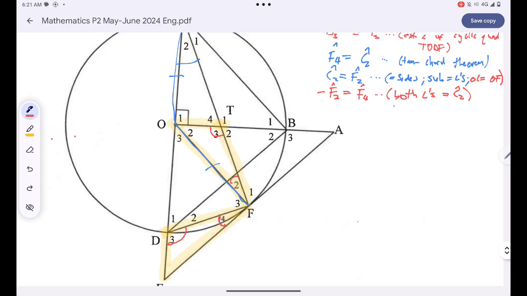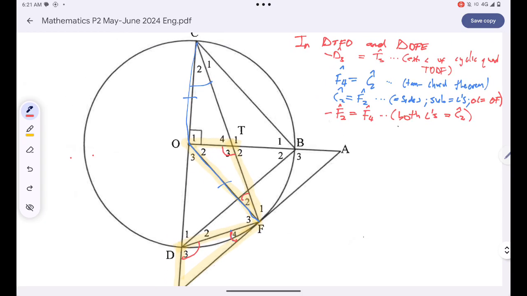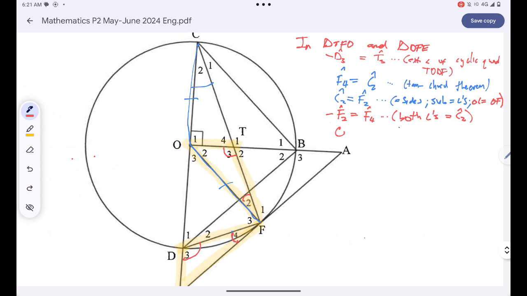I can therefore conclude that angle O2 will be equal to angle E, and this will just be the third angle of a triangle. And therefore I can simply conclude that triangle TFO is similar to triangle DFE.